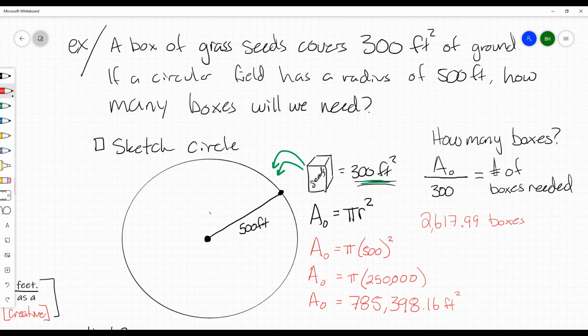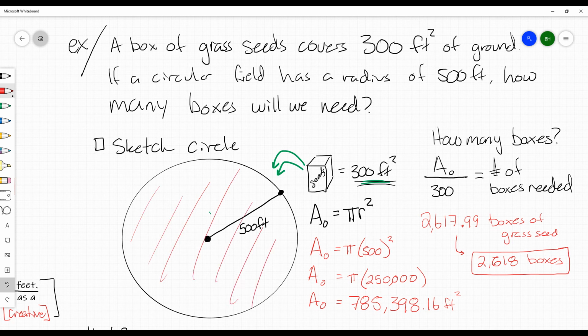Boxes of grass seed. Now, you can't buy 0.99 of a box, so we're going to round up and say that we need 2,618 boxes to cover the entire lawn or field of this problem.